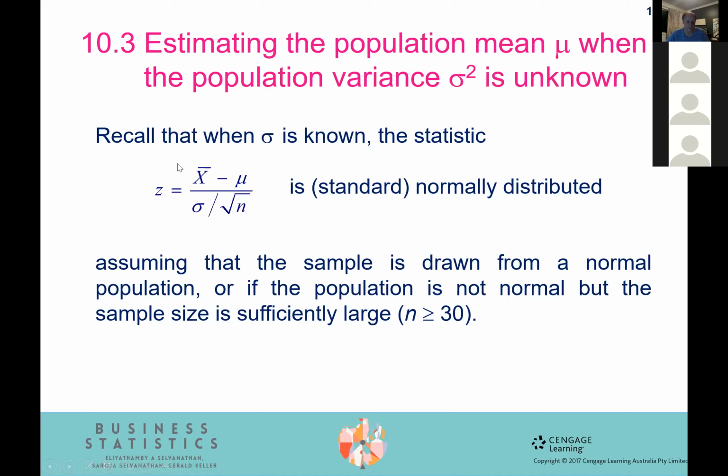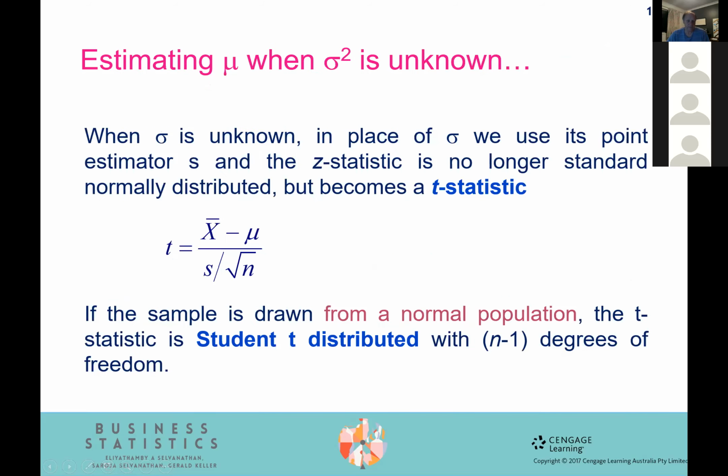When we standardize a distribution, when we make it a normal 0-1 distribution, we subtract the mean and we divide by the standard deviation divided by the square root of n. Now assume that the sample is drawn from a normal population, or if the population is not normal, the sample size is sufficiently large, bigger than 30.